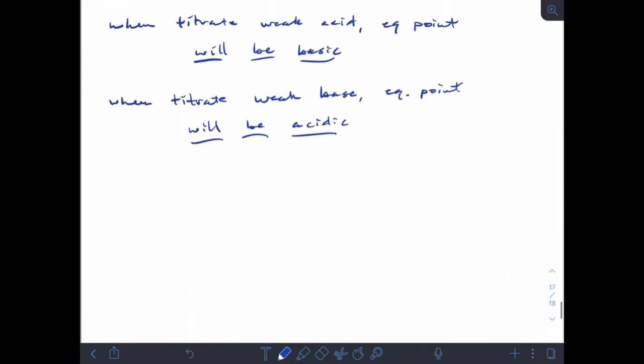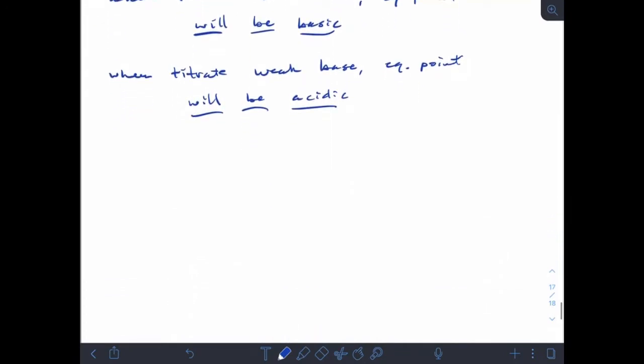Right, now the last thing that I want to talk about actually kind of should have been in the previous video because it pertains to titration curves, but it is the topic of polyprotic titration curves.